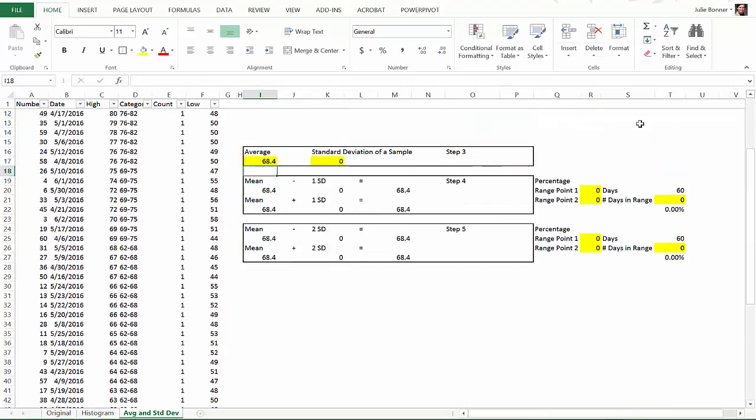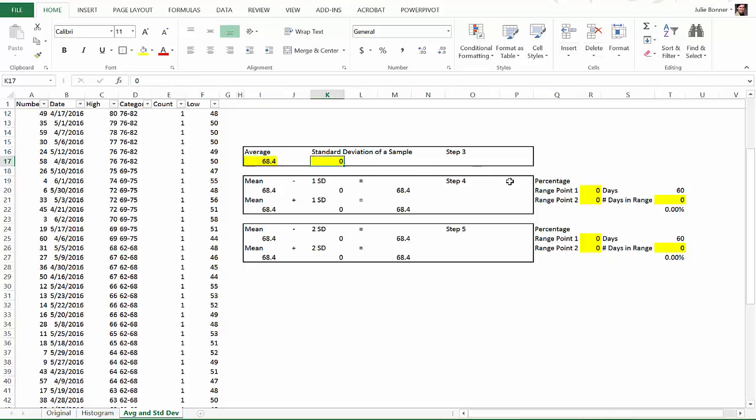So now what you see here is equals average and open parentheses C2 colon C61 end parentheses. That is my formula that's in this cell right here. So my average temperature for my data is 68.4 degrees.